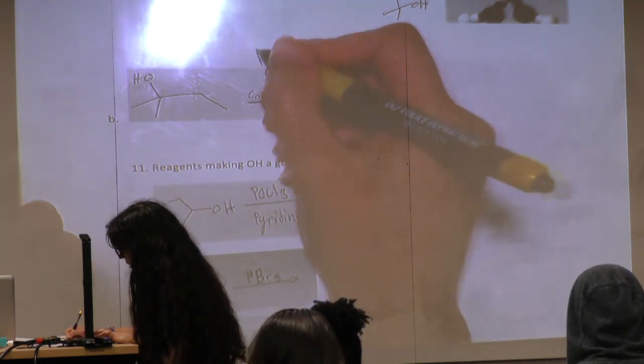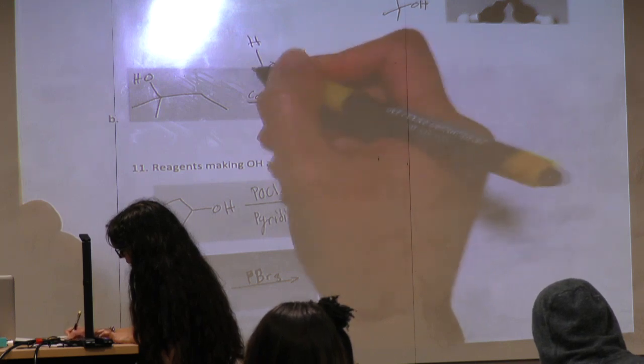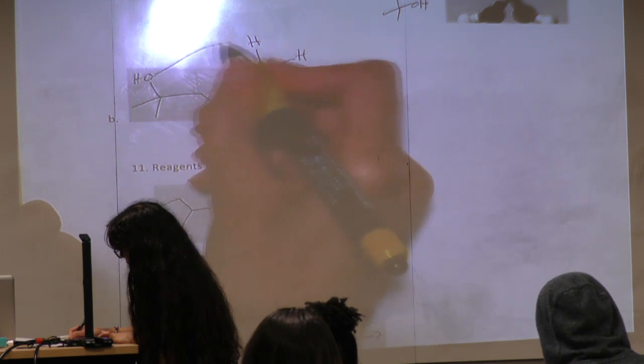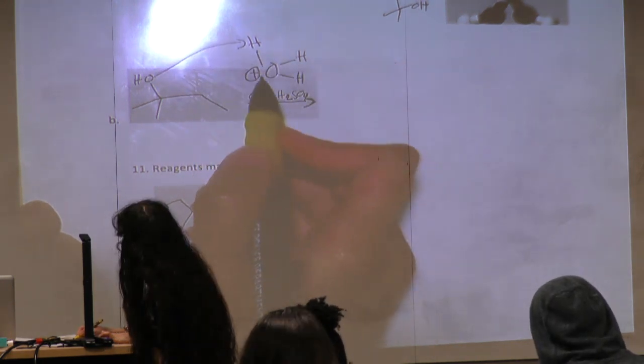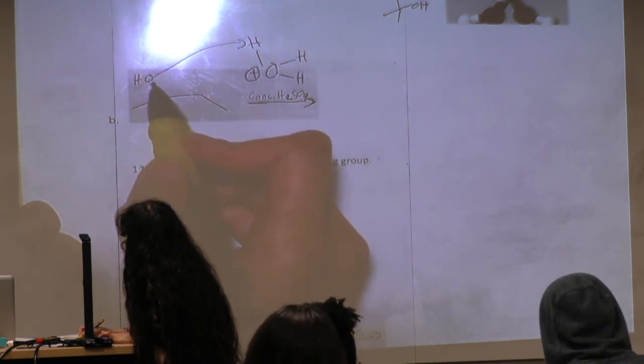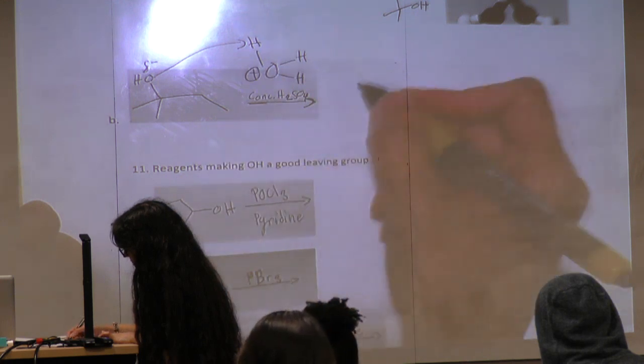So I'm just going to draw, I like doing sulfuric acid, just writing it as acid because otherwise you have to put the S and everything. So this oxygen is going to go and pick off a proton because acid has that positive charge and it's unstable. And this oxygen has a partial negative charge, so it's going to be attracted to that hydrogen.